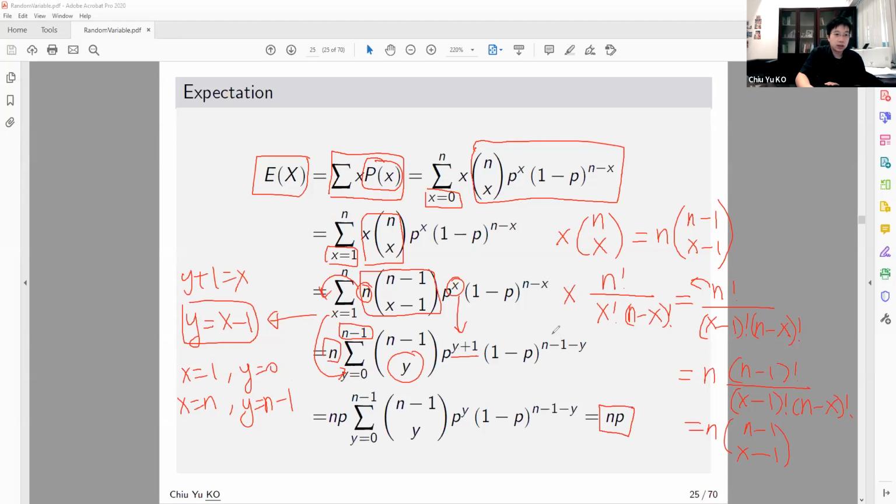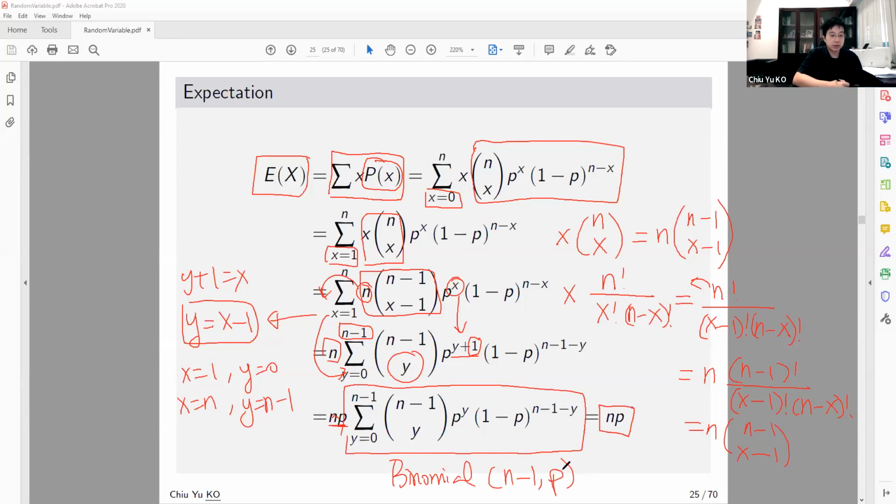And we have a plus 1 here, take it out with np. This term, (n minus 1)Cy p^y, and so on, is summing the probability distribution of a binomial with parameters n minus 1 and p, and the summation of all the probabilities equals 1.